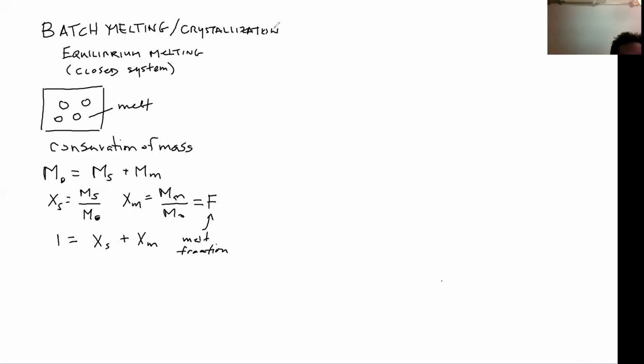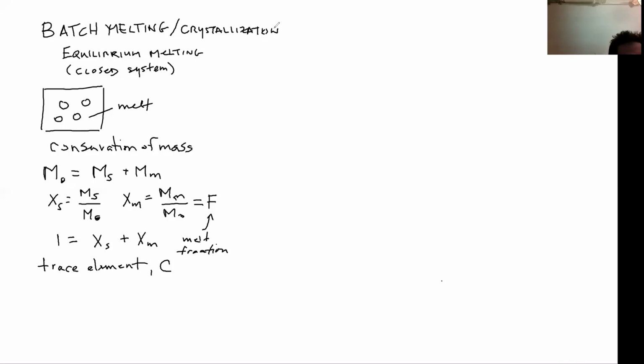Okay. So now what we want to do is look at conservation of mass for a particular element, a trace element. Okay. And we're going to define that the mass concentration of an element in the crystal or in the melt is given by C. Okay, like it would be in parts per million, weight percent, and so forth.